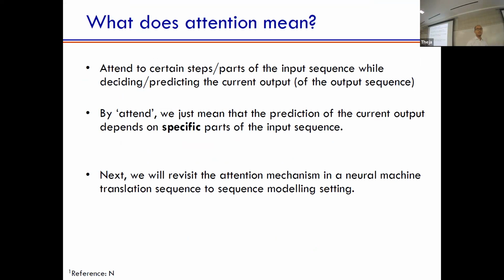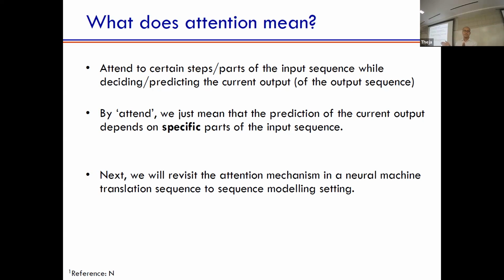I kept using the word attention quite a bit in the past 15 minutes, but attention basically makes sense for sequence settings, where, remember, when you're trying to generate a sequence output, most likely it's an iterative process, in the sense that you'll generate the first word in the response or in a translation, and then hopefully use that word to generate the second word, and so on.